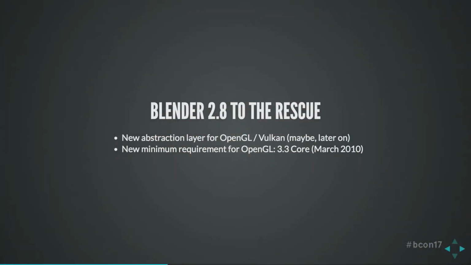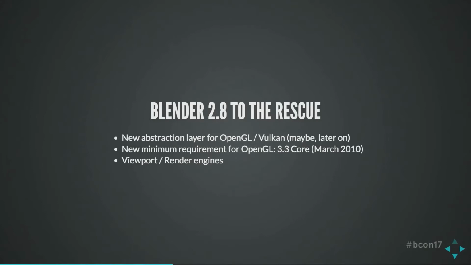The abstraction layer is capable of drawing everything very fast. And so the new minimum requirement for OpenGL driving our graphics pipeline is now 3.3 core, which should be supported by all graphics cards that came out after March 2010.